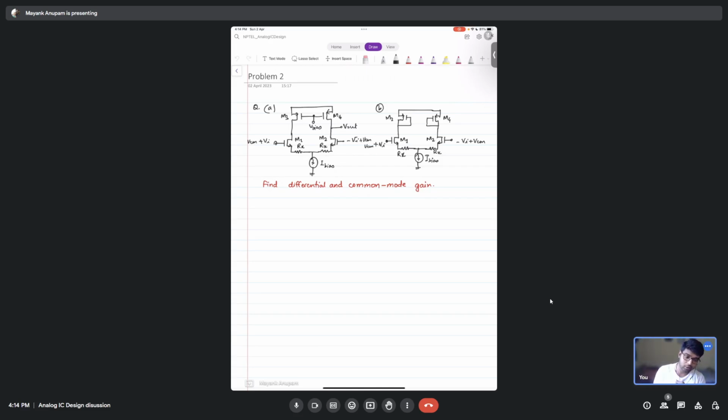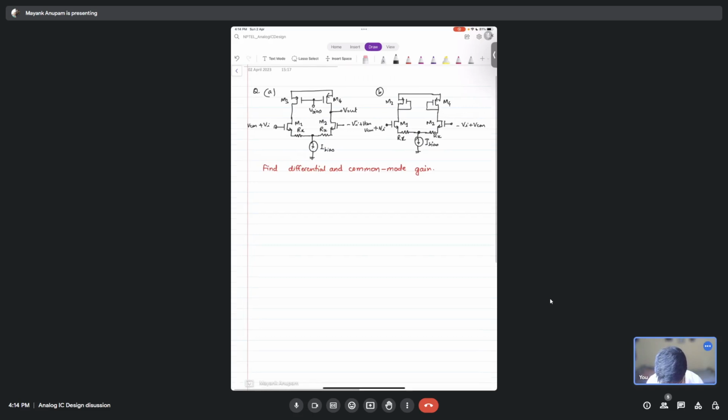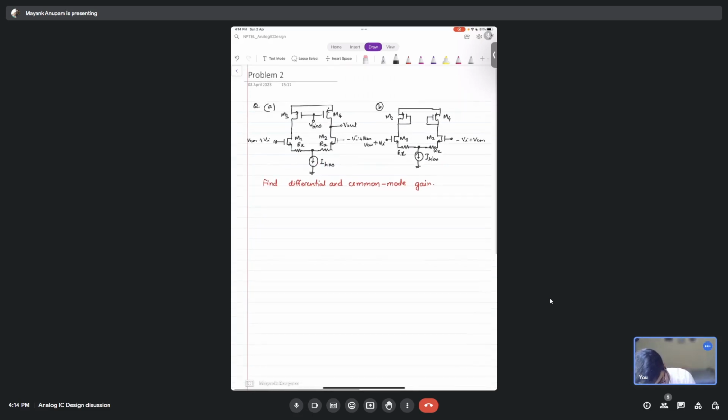So you have to know how to calculate the input common mode range, output common mode range, input swing and output swing. Let's proceed with the questions.